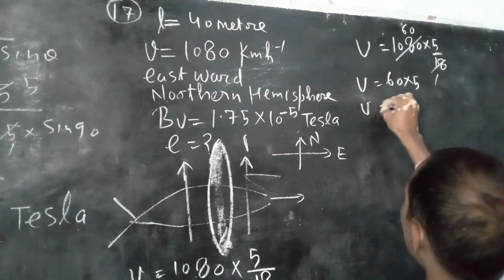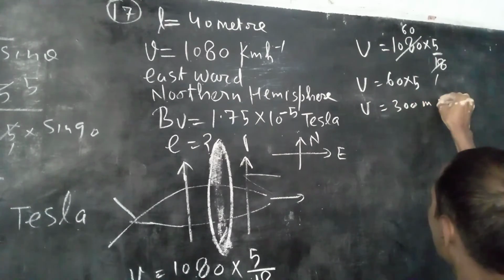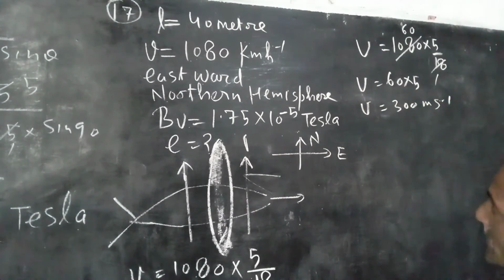V is equal to 300 meter per second. This is the speed of the plane.